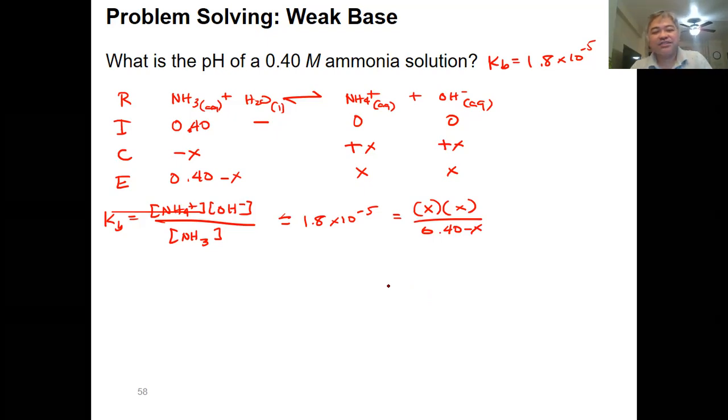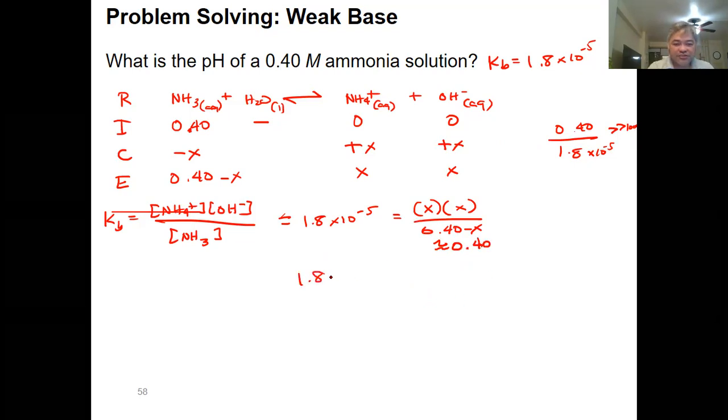Now, can we make the assumption? I can use the 0.40 divided by 1.8 times 10 to the negative 5, and I think that's more than 1,000. Right? So I can make this like this.